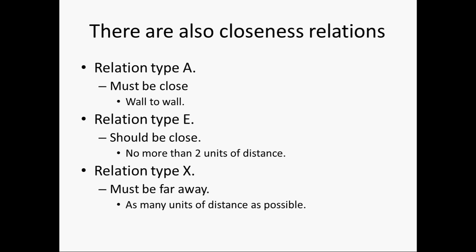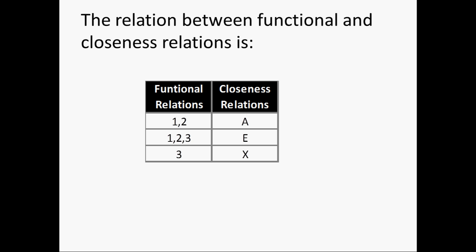The relation type E should be close, no more than 2 units of distance. It can be closer, but no more than 2 units of distance. And the relation type X must be far away, as many units of distance as possible.